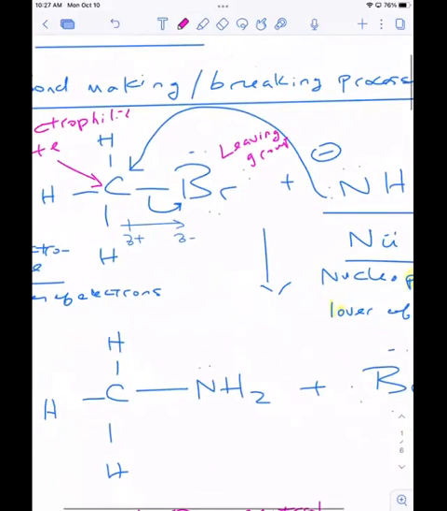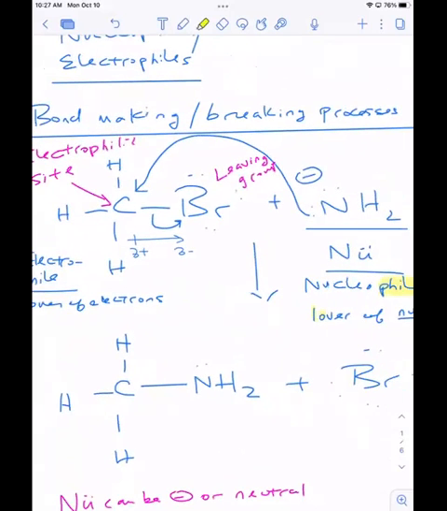All right, so somebody help me out. What bond did I make in the product? I made a new bond between carbon and nitrogen. Is that right? Right. And in making that bond, nitrogen supplied both electrons. Is that right?